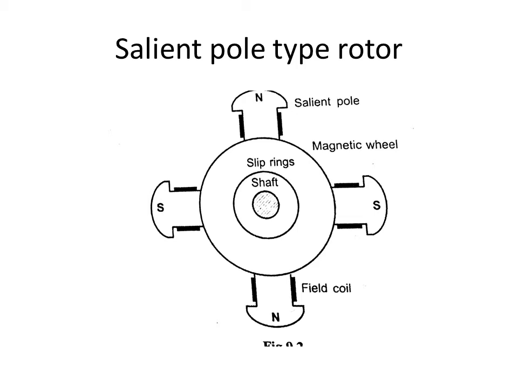Here the air gap is non-uniform, and a large number of poles are required. In this salient pole type, 30 to 36 poles are present in the rotor.